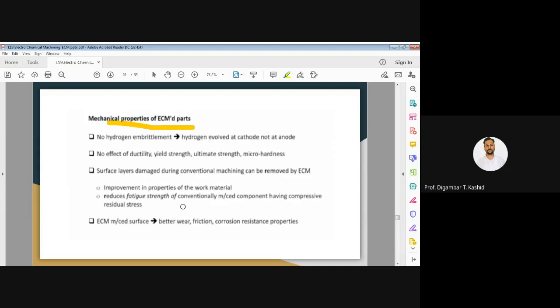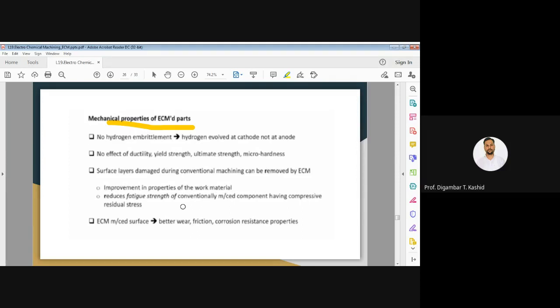As we know, hydrogen gas is generated at the cathode surface, and it is not generated at the anode surface.